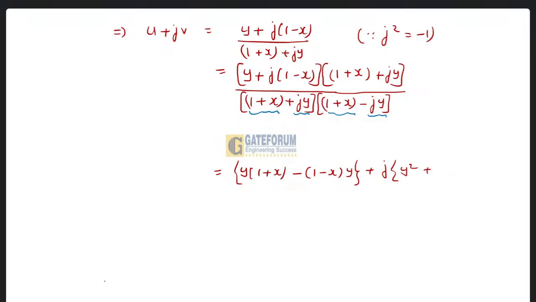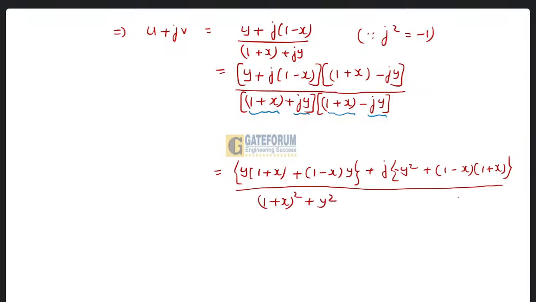A small mistake I have made here: this is minus actually, so y into this minus y square, and from this side 1 minus x into 1 plus x, whole divided by 1 plus x whole square plus y square, because j square value is minus 1.